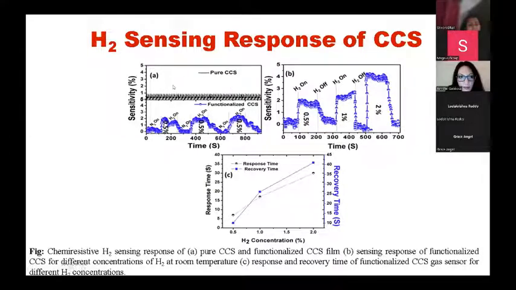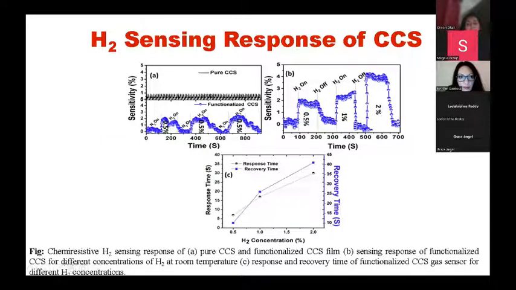As we are seeing, pure CCS is not sensitive to H2 gas, but when we used functionalized CCS, there is a change in resistance. Here we are using 0.5% hydrogen gas, which is around 500 ppm. And these are different concentrations, varying from 0.5 to 2% hydrogen gas.